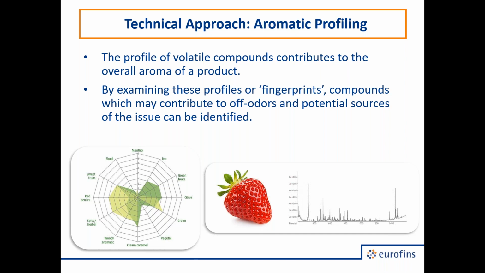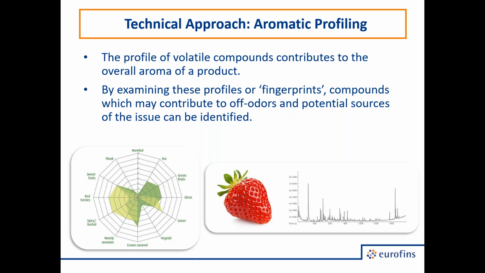And when we're talking about food products in particular, we tend to have dozens or even hundreds of different compounds contributing to the overall profile of a product. That is, it's usually not just one or two compounds, but a whole bunch of compounds that make up the overall complex flavor profile.